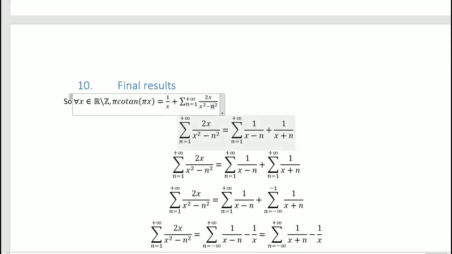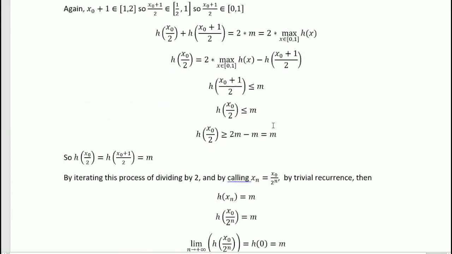So we get this result because it's just the sum. It's just the same way as we used.